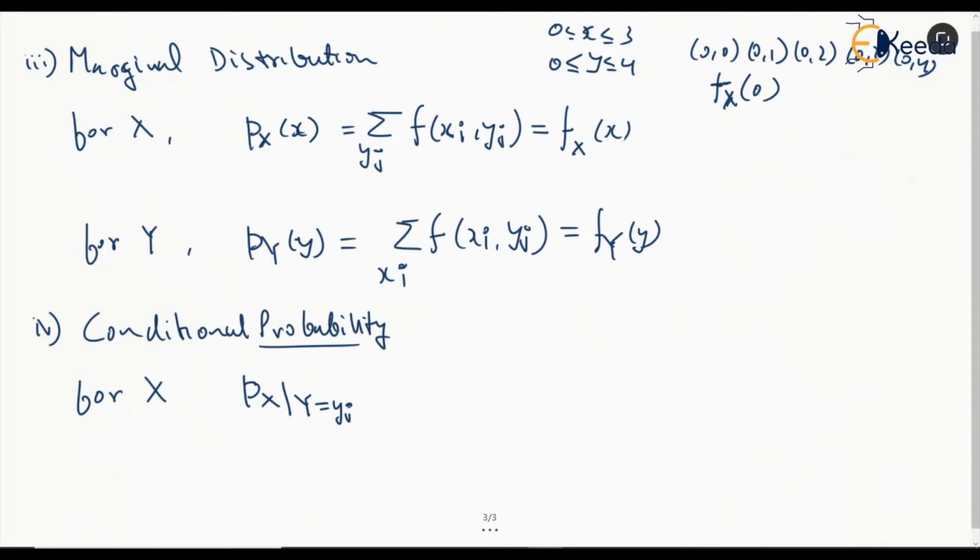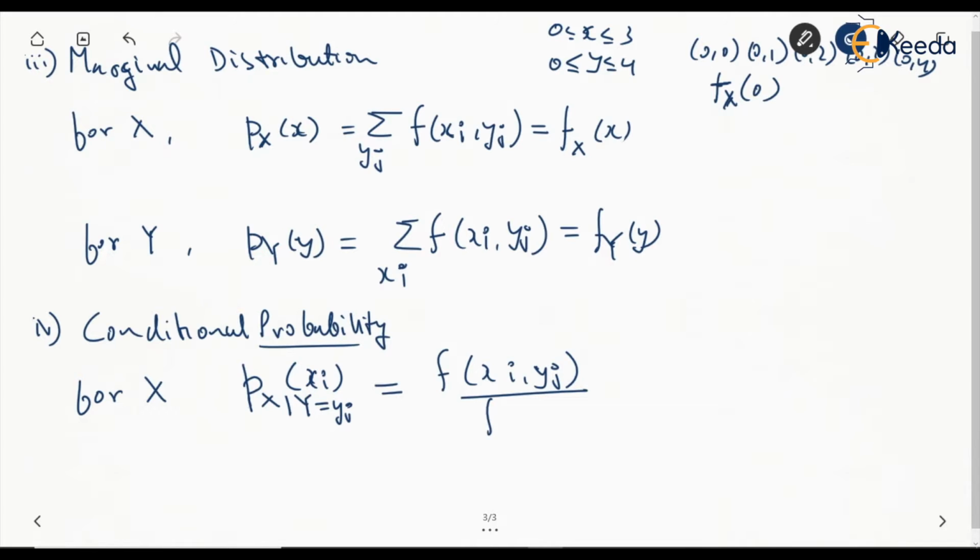I should make this one bigger. Now for x having a certain value given y equal to yj, this x will be xi, and this can be given as, I'll make it very clear. Let me write this first. Let's write for y also together.